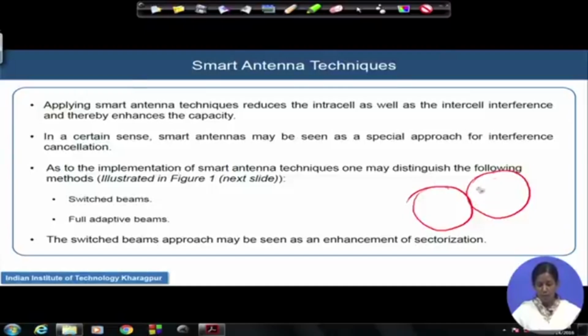So, if I apply the smart antenna, then the base station will not be releasing the energy in the omnidirectional area. It will be heavily focused. If it is heavily focused, it can also heavily reduce the intracell interference, the interference that is coming from the other users to this user.